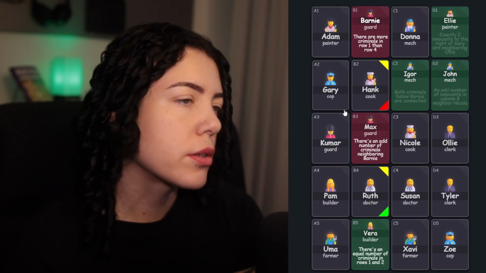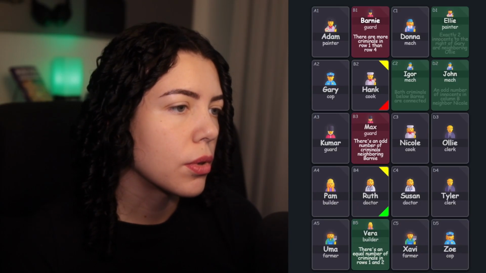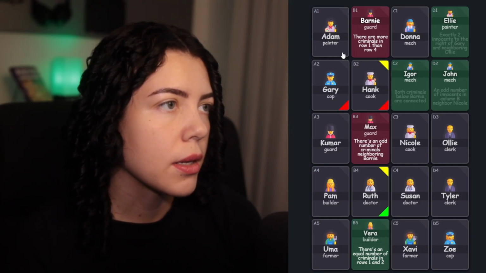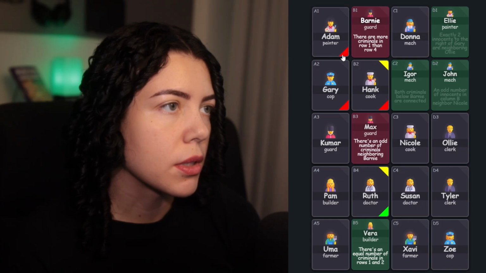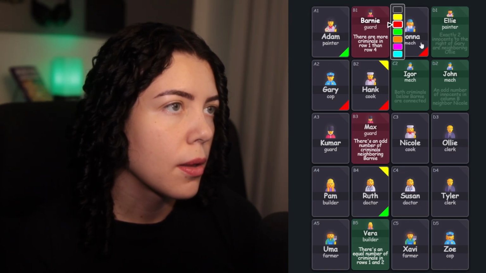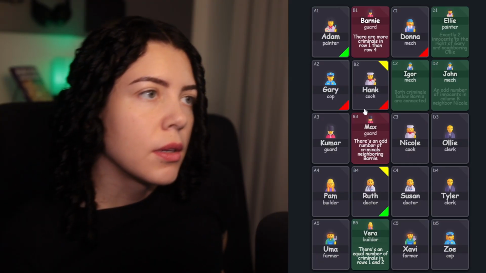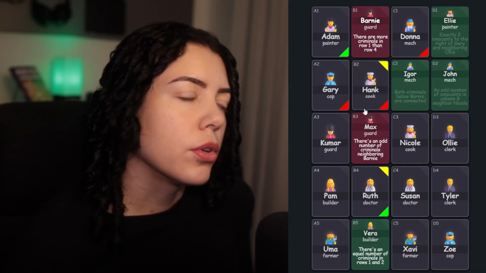If only Hank is a criminal, that works well with row 4. If both Hank and Gary, so I must be missing something. So I'm gonna go through all the clues again.